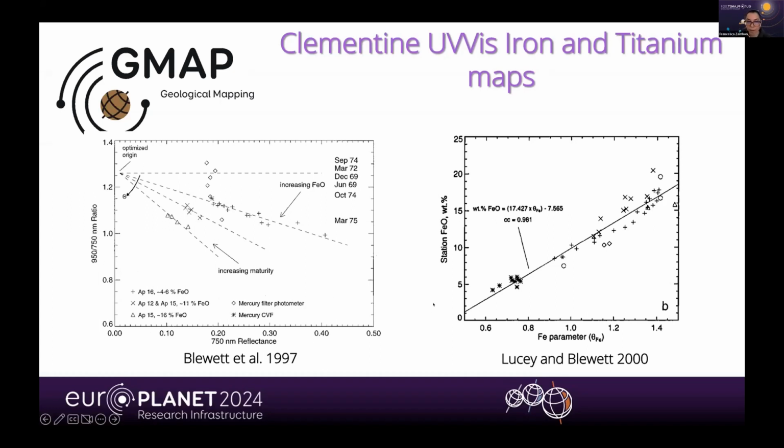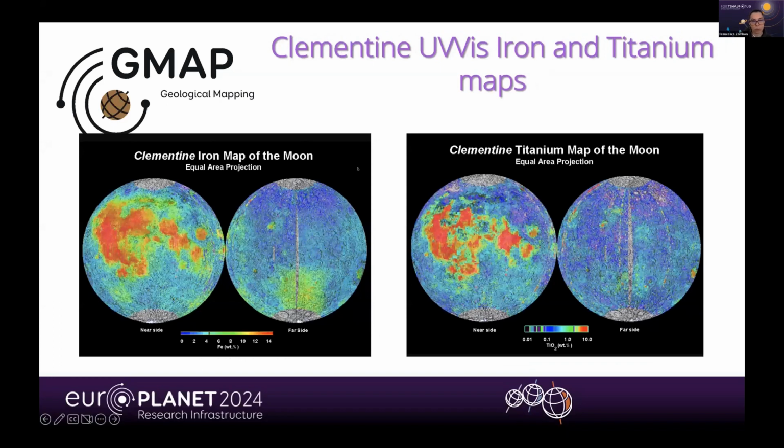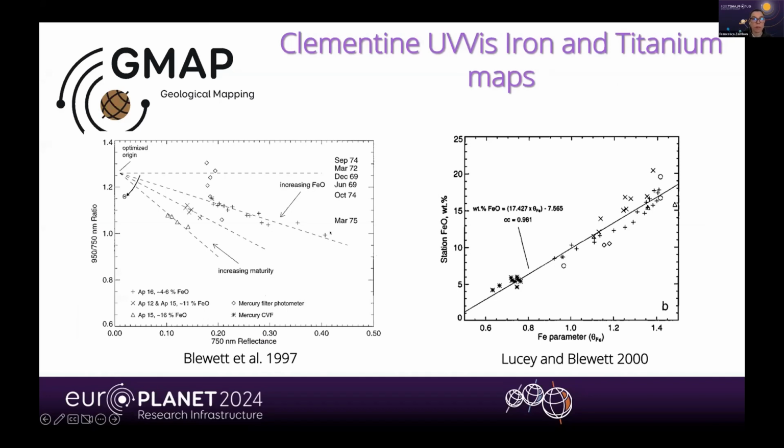Then they compare the abundance they found in the samples from the Apollo mission and the angle they derived from Clementine, and from this fit they found the relation that has been used to define the iron map of the moon. A similar process has been used for the titanium, and in this way they produce these two maps you see here.